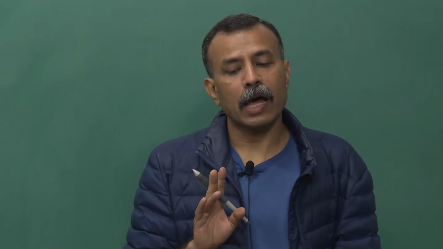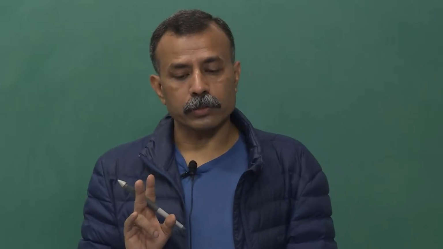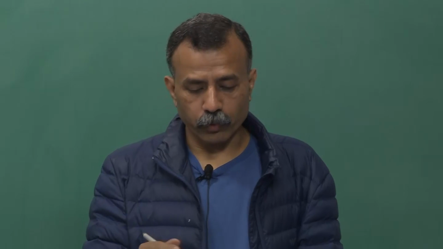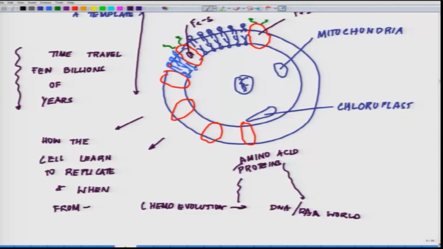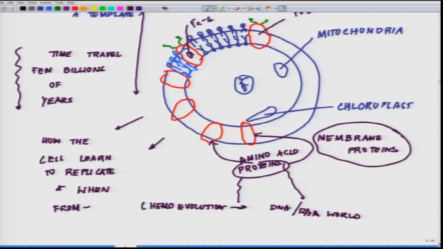We just have one thing, speculations, and we are speculating. So, whenever I talk about these proteins, in this case the membrane proteins, we have no clue how these membrane proteins really evolved, or as a matter of fact how any protein evolved.